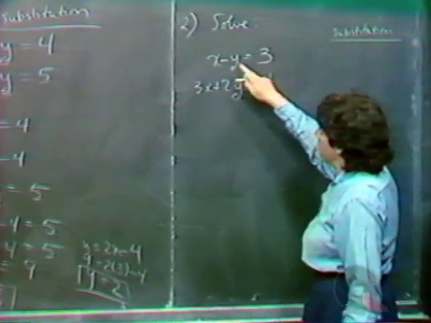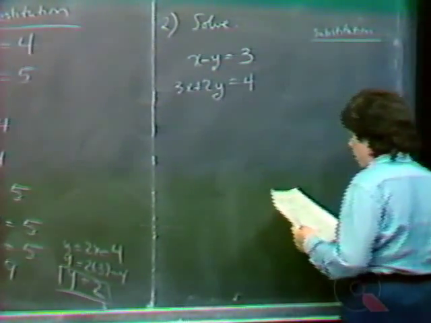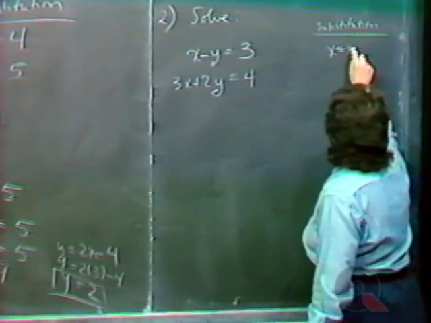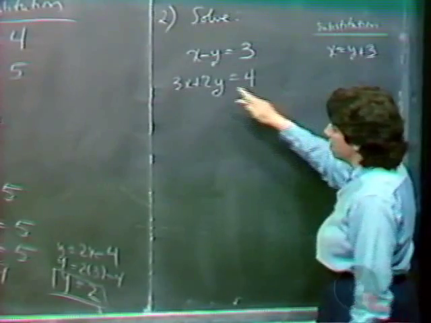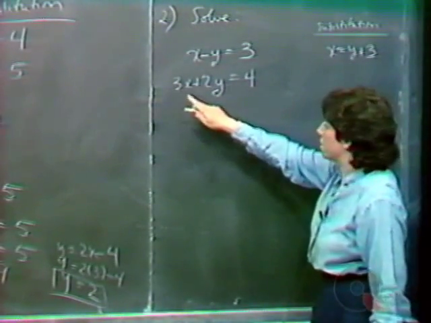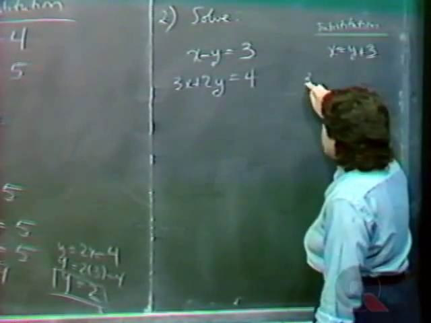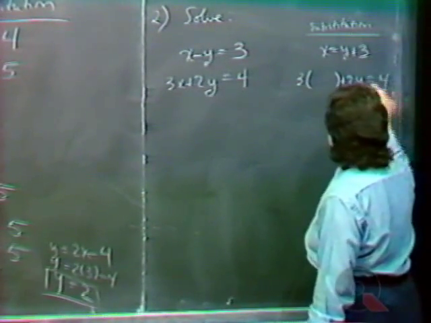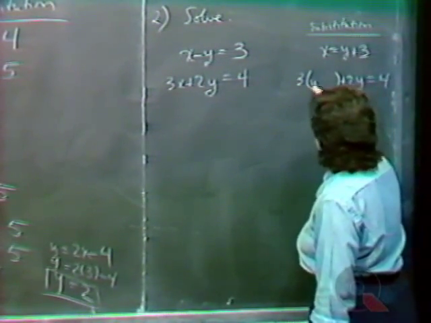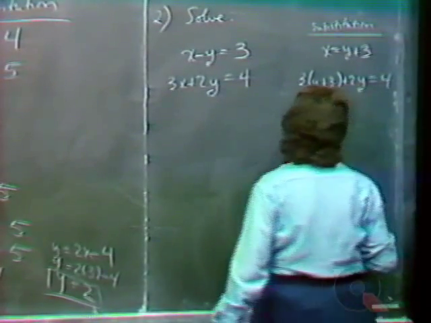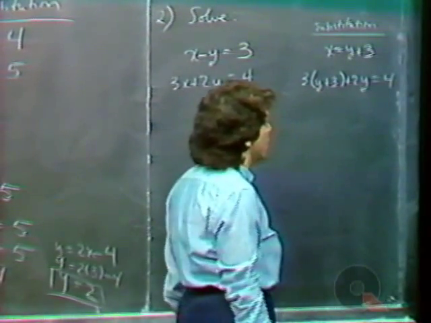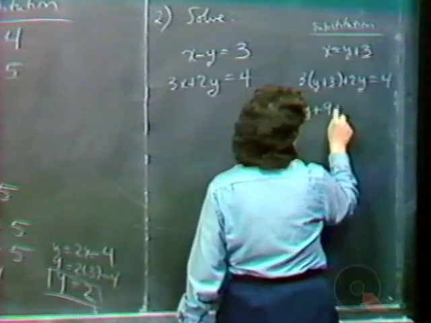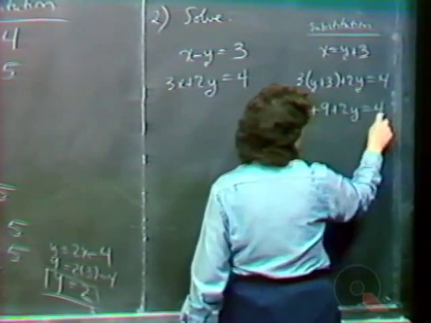Let's solve the top equation for x. X equals y plus 3. Let's substitute that value for x into the second equation. 3 times x plus 2 times y equals 4, or 3 times y plus 3, which is equivalent to x, plus 2y equals 4. 3y plus 9 plus 2y equals 4.